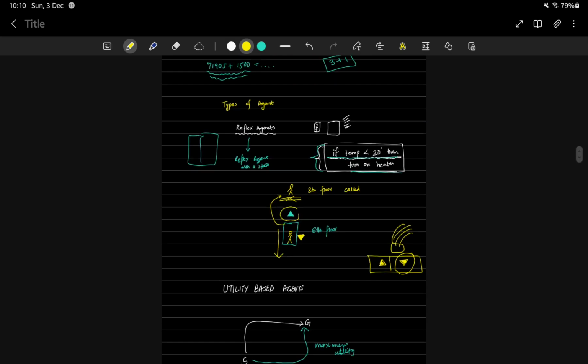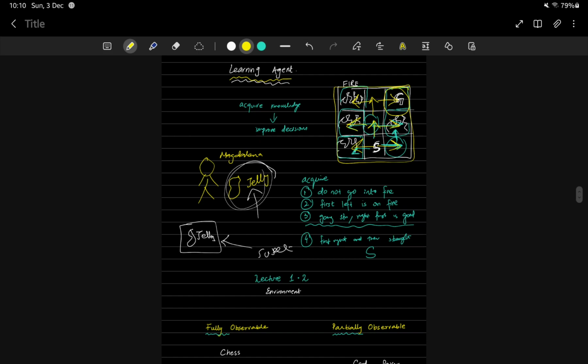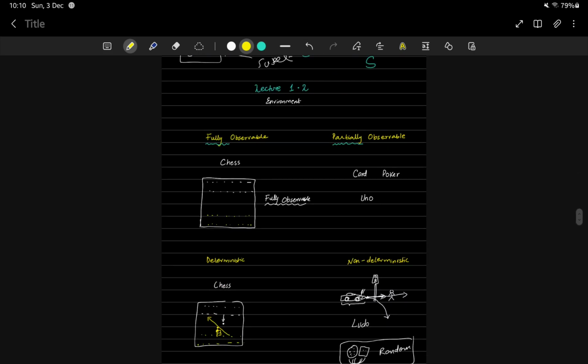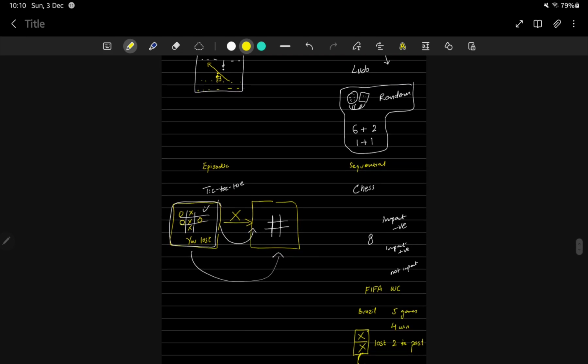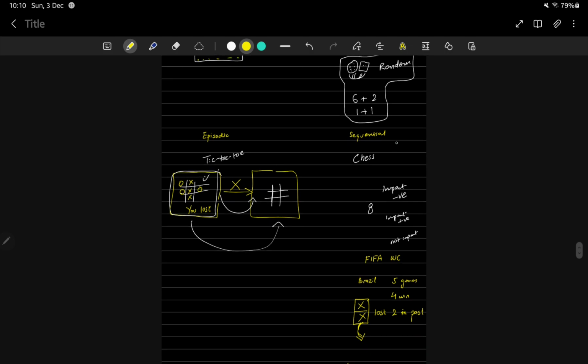Let's say if I'm designing an agent for Pac-Man, then I need to know that my environment is fully observable. My environment is maybe deterministic. It is maybe sequential.